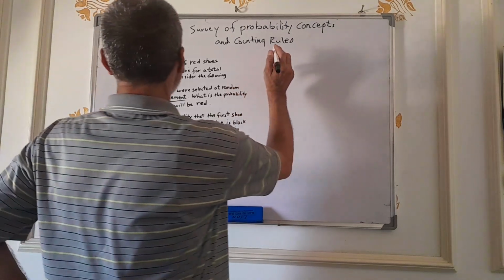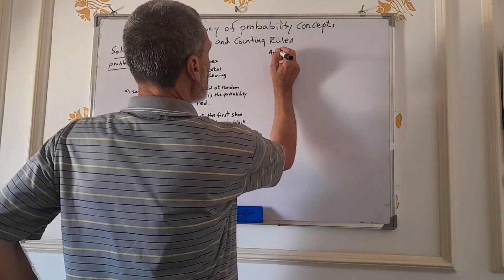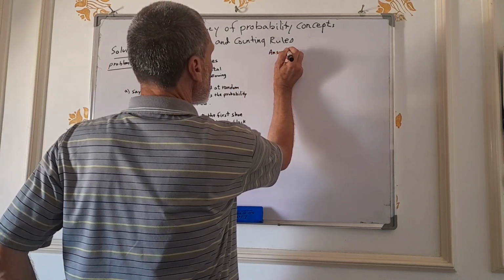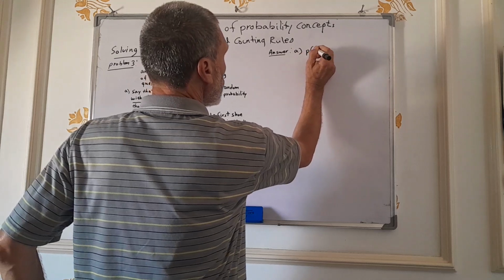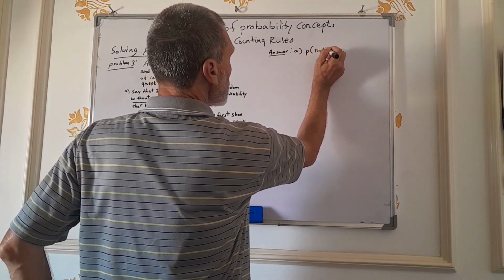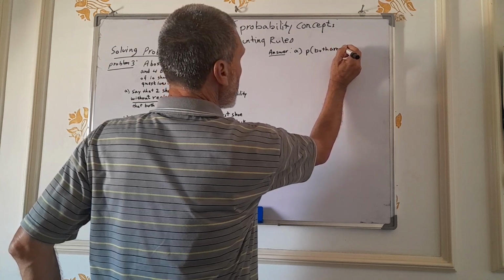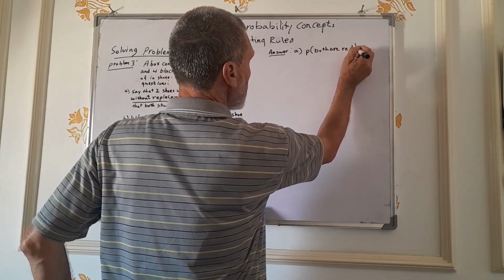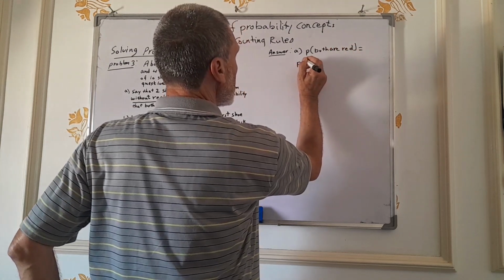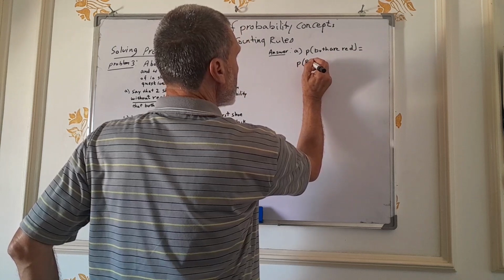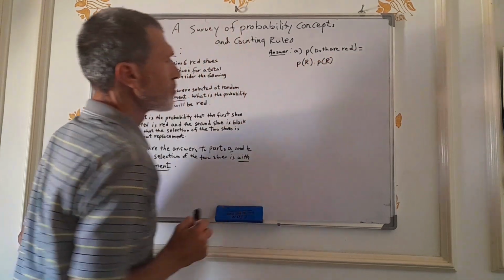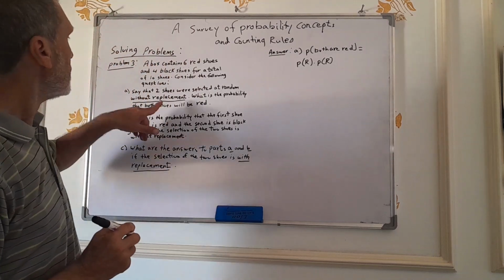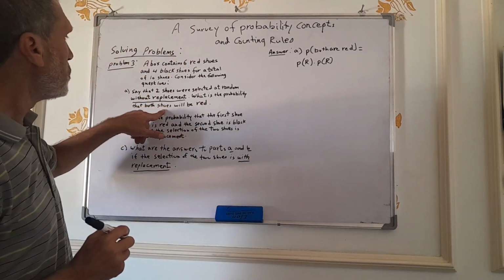So A, the probability both are red is equal to the probability of red times the probability of red, that both shoes will be red.